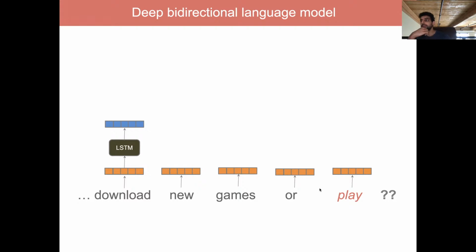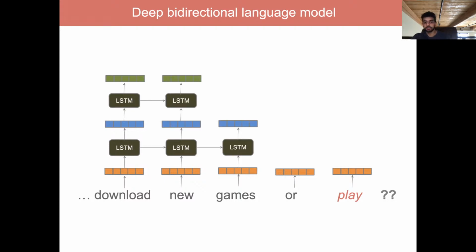But if you think about how you want to use this language model in the downstream task, I get a whole sentence as input, like "this movie is great." I'm no longer trying to predict the next word in sentiment analysis. I'm just trying to, given the full sentence, predict whether it's positive or negative. So in this case, there's no need for me to have this constraint that every word can only see the previous context and none of the future context.